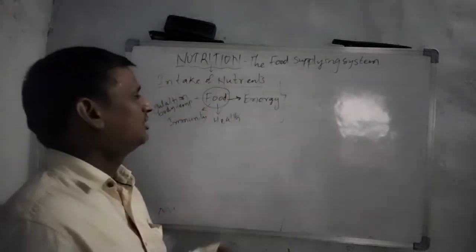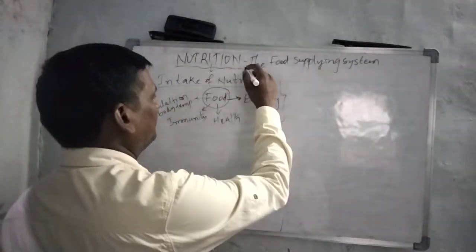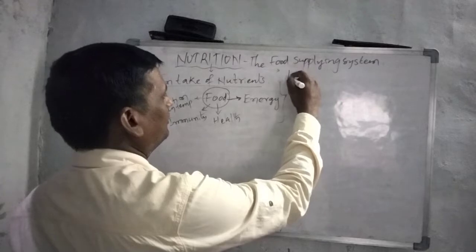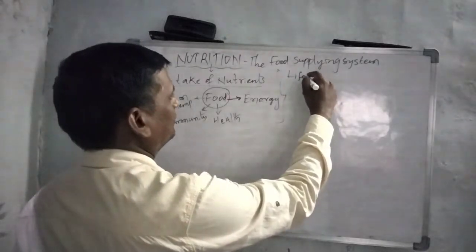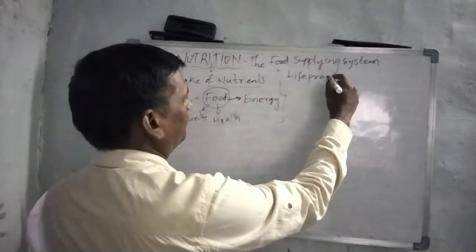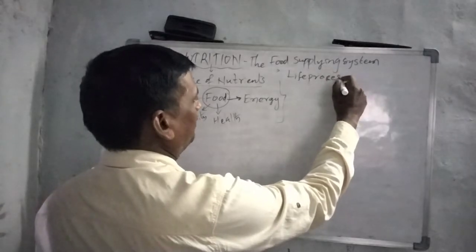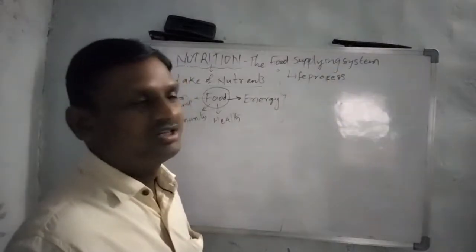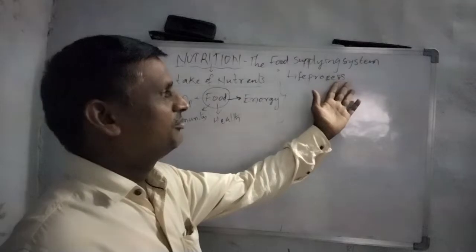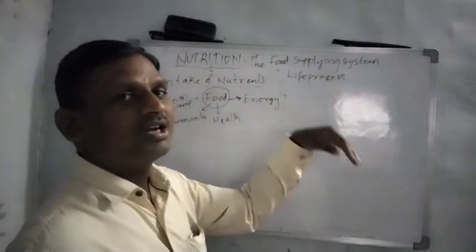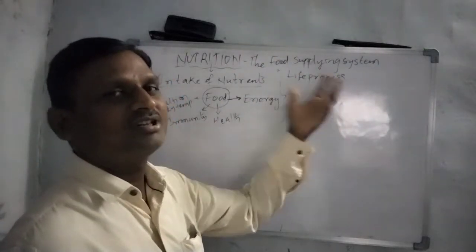So we can also say that nutrition is a life process. What is the meaning of life process? The life process which helps us to survive and for the perpetuation of our race.